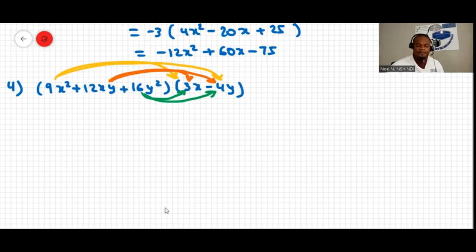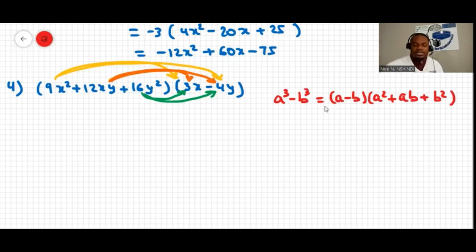We said that a cubed minus b cubed is equal to a minus b times a squared plus ab plus b squared.